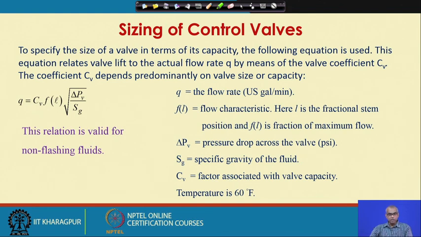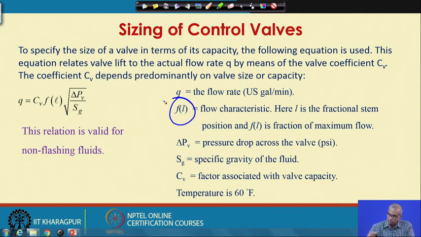When you use this equation to specify the size of a valve in terms of its capacity, we must use specific units. The flow rate Q is expressed in US gallons per minute. FL represents flow characteristic. Here l is the fractional stem position and FL is the fraction of maximum flow.